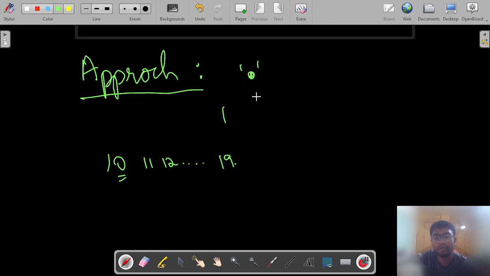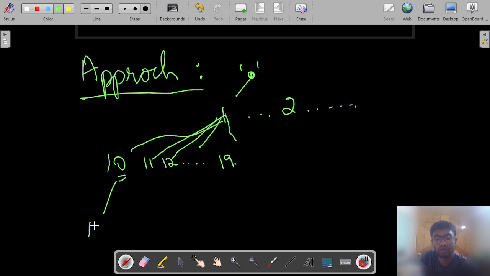We start off with an empty root, and this will be branching out here. Similarly, we would be going with 2, 3, and so on. And this can again go on with subtrees like 1 plus another 0. So here there are two zeros, and this can go on like 100, 101, 102, and so on.